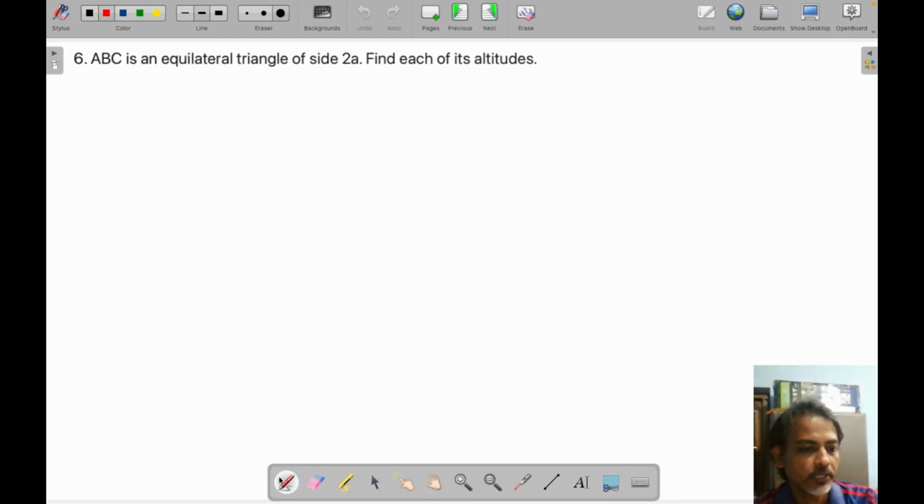In this problem what's being said is ABC is an equilateral triangle of side 2A, find each of its altitude. Alright, so let's create an equilateral triangle. So this is an equilateral triangle ABC, and now we need to find each of its altitude.